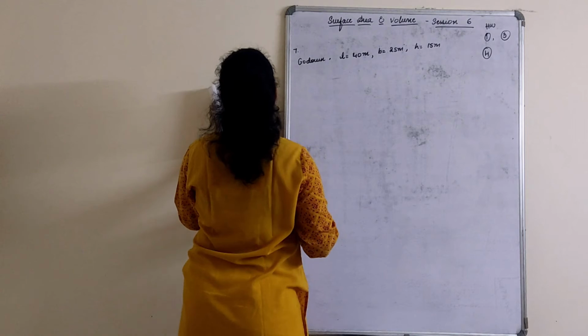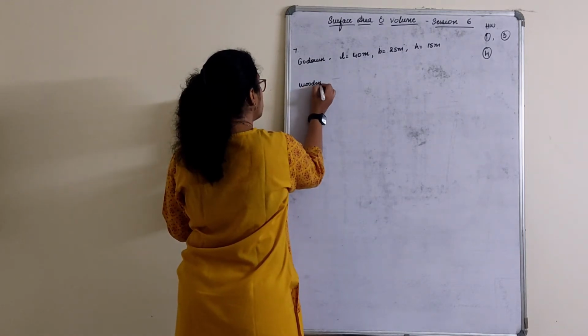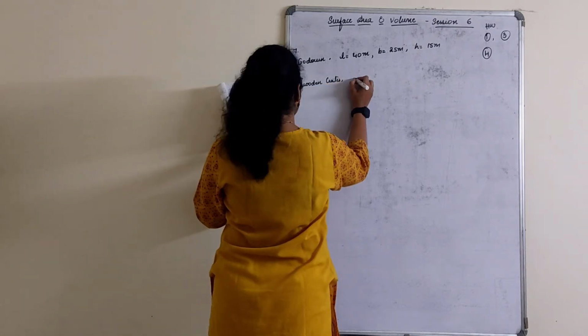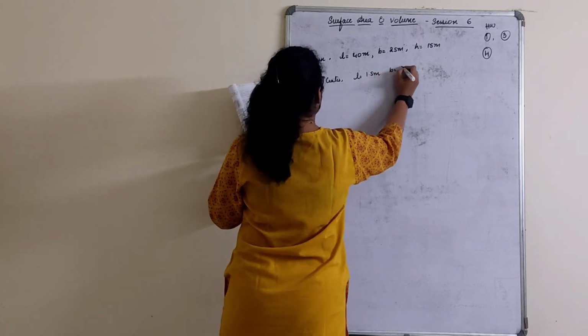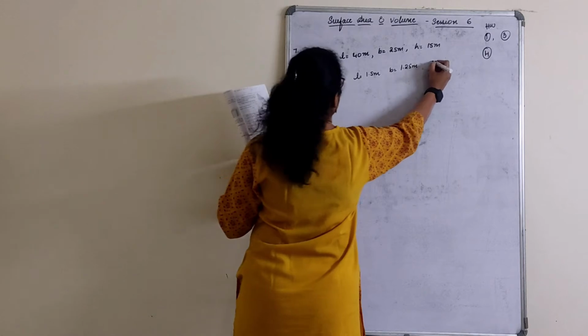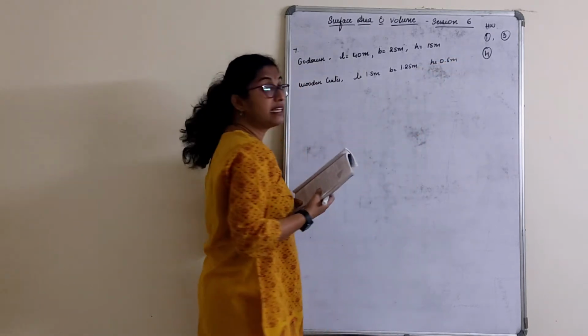It has maximum number of wooden crates, measuring length 1.5 meter, breadth 1.25 meter and height 0.5 meter. How many such wooden crates can I store?